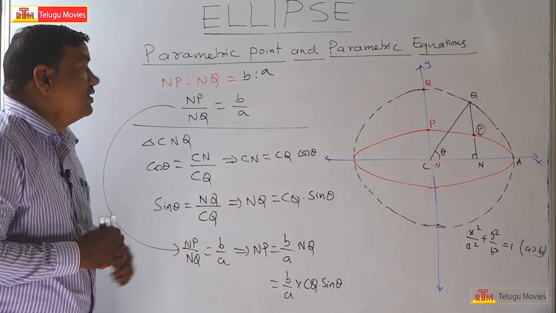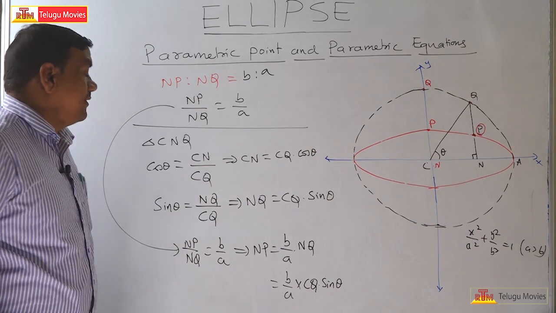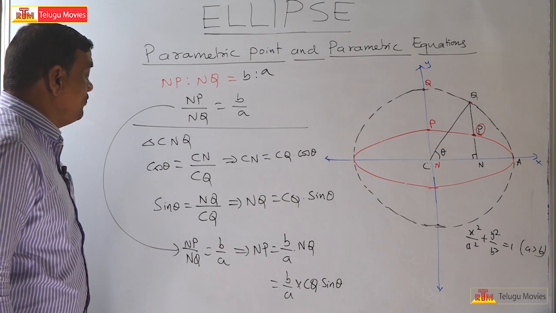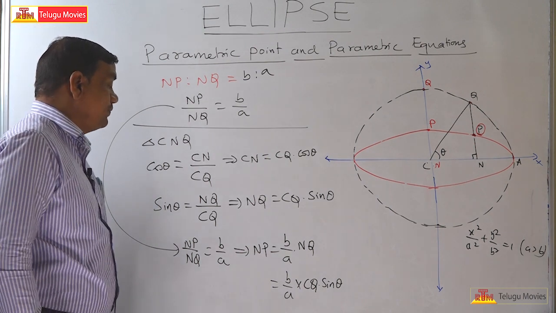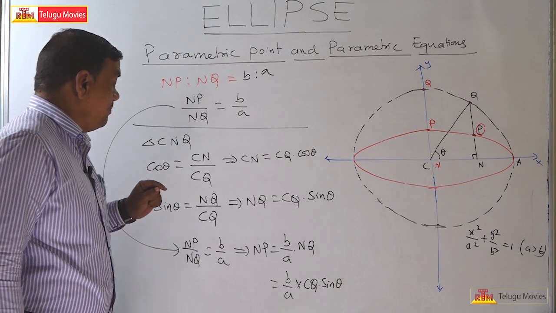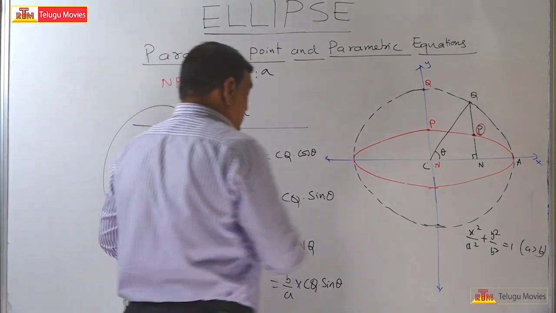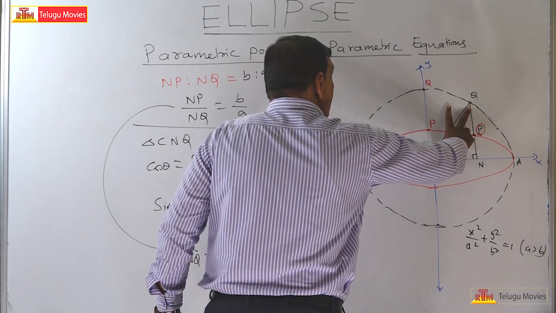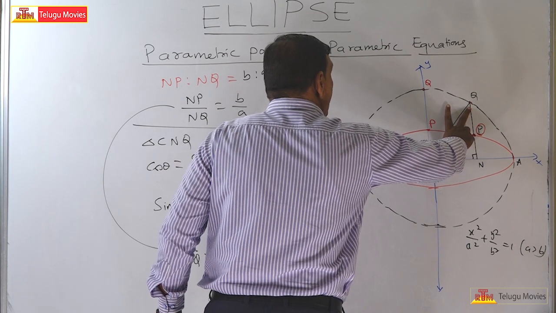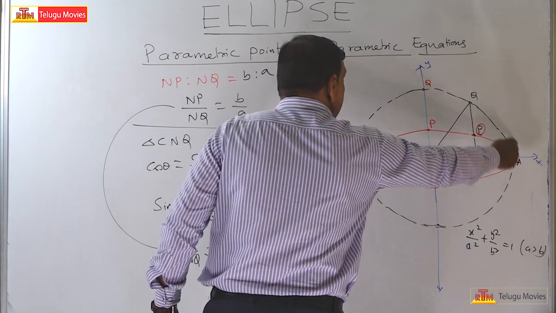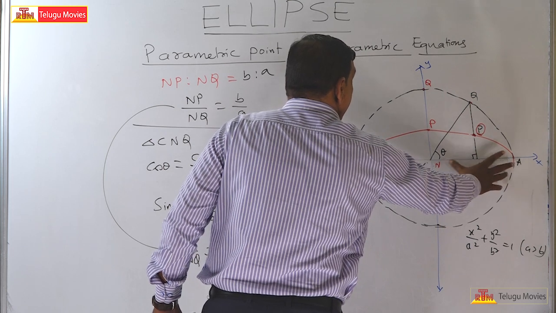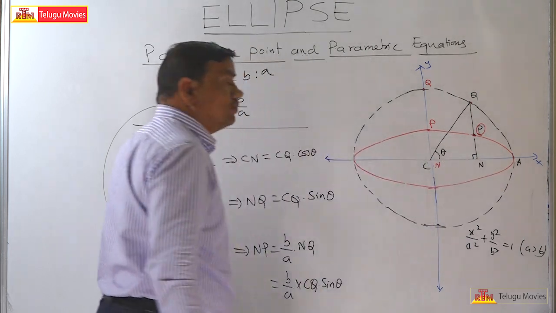Now, in place of CQ, if it coincides with A, the length will be a, no?